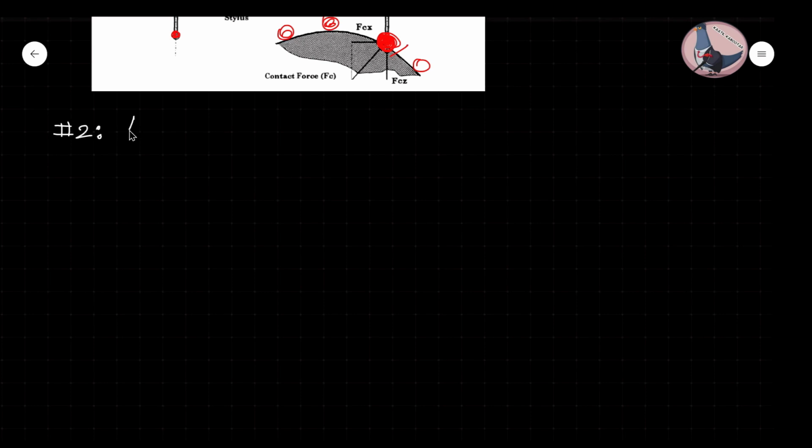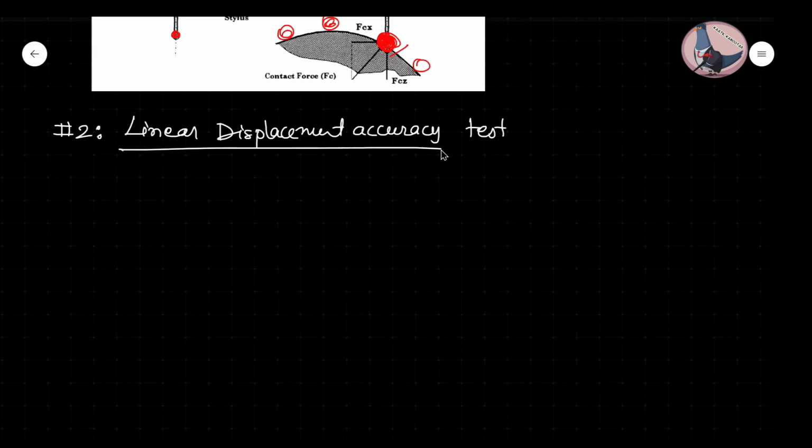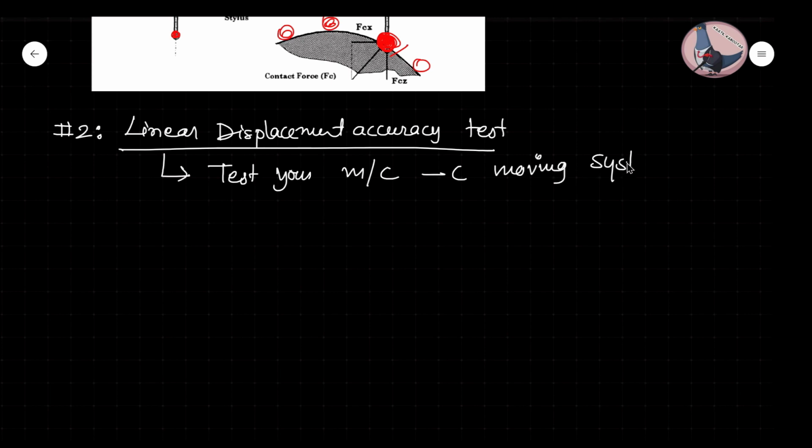Second one is your linear displacement accuracy test. Now, this is to test your machine coordinate moving system. Suppose you are giving some data in your computer that will move the probe column on this head.